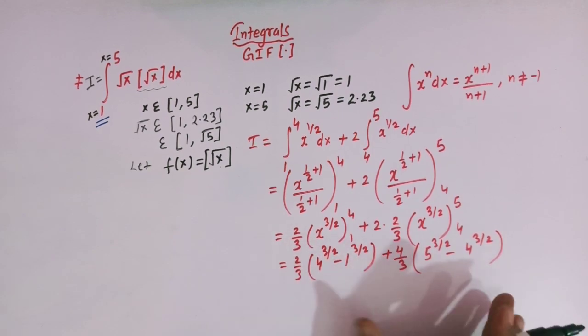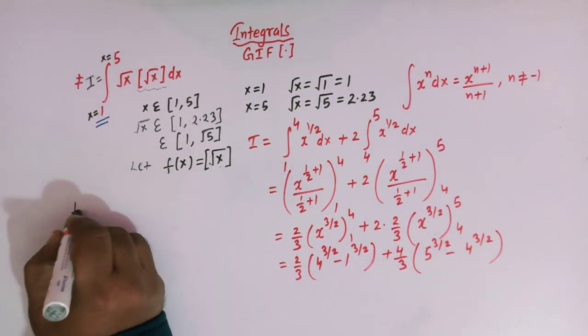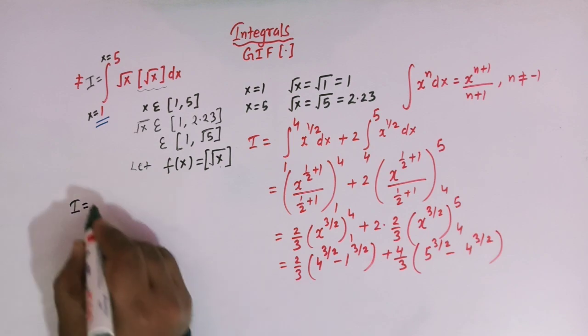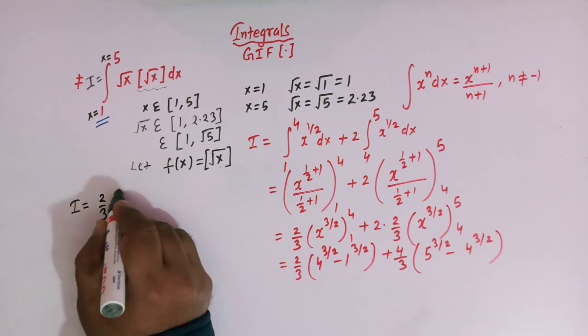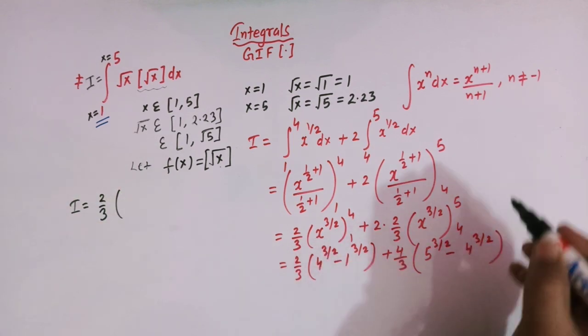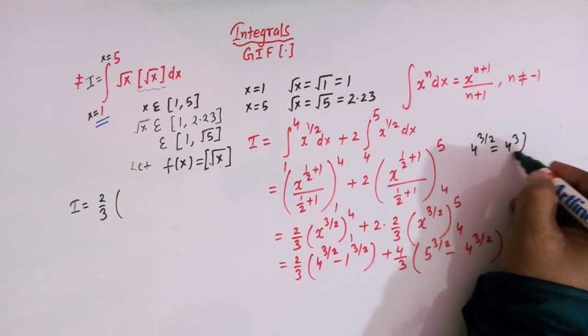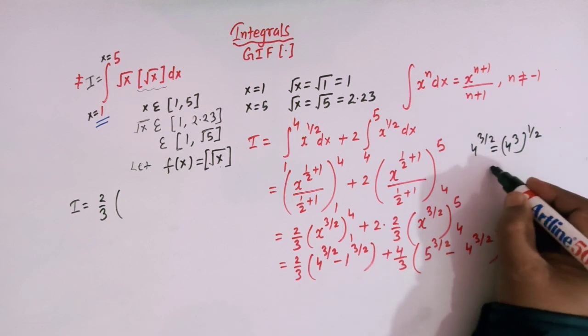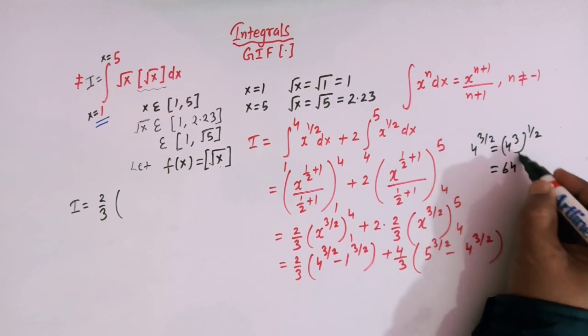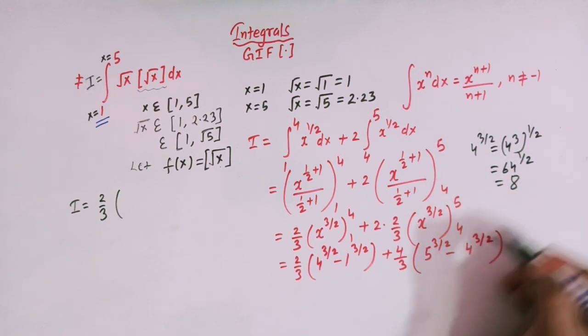So now let us simplify it. So we have I is equal to 2 over 3, and 4 raised to 3 over 2 can be written as 4 cubed raised to half. This is 64 raised to half, that is 8, right?